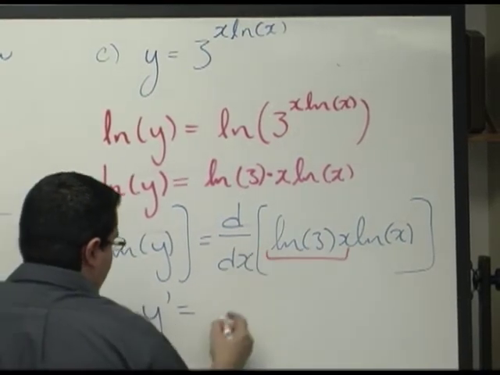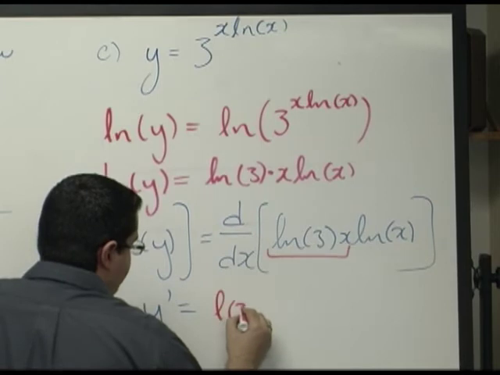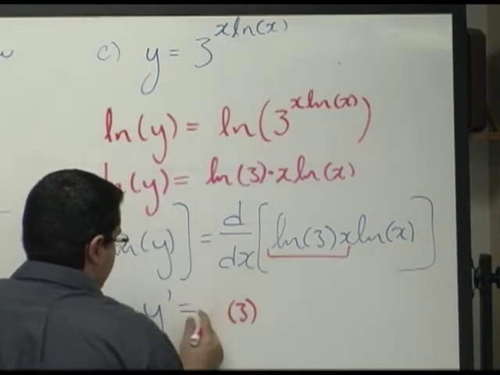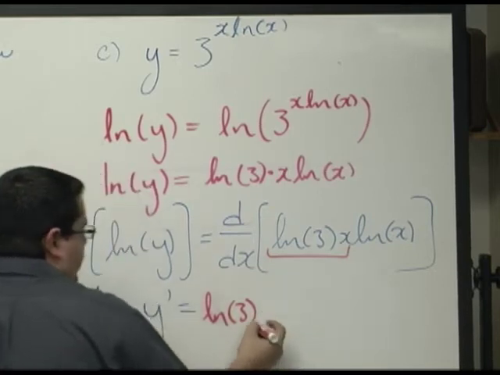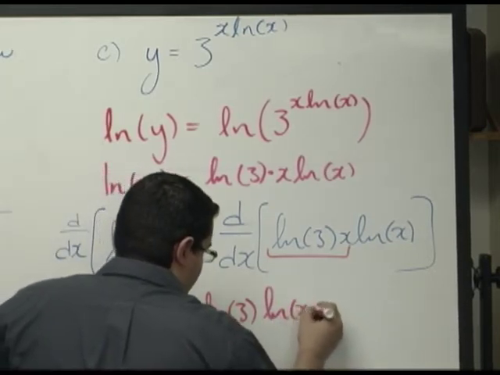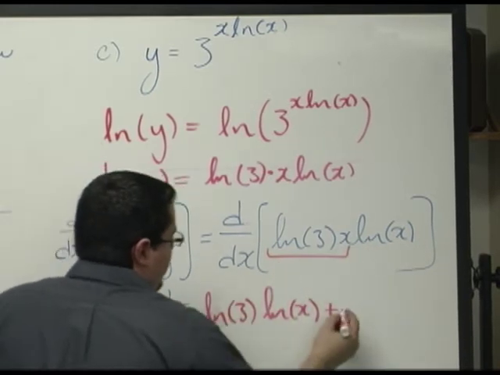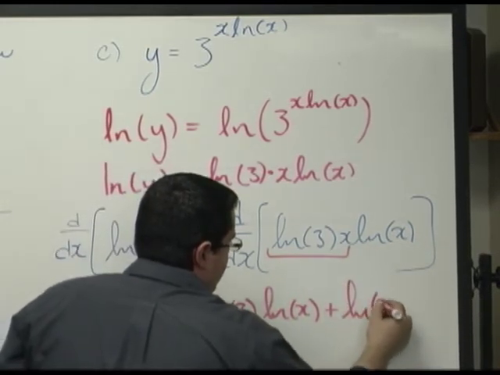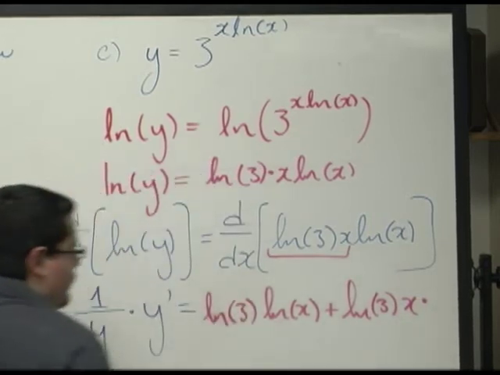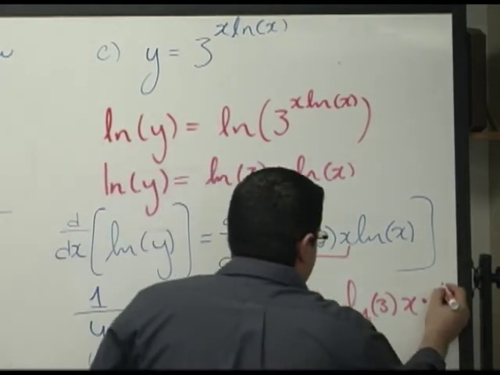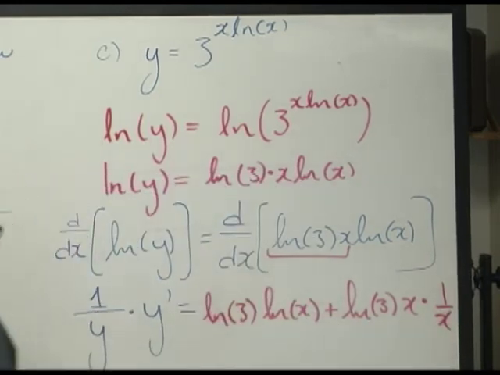So the derivative of this is going to be natural log of 3, times the natural log of x, plus this is the derivative of the natural log of x, which is what? One over x. Good.